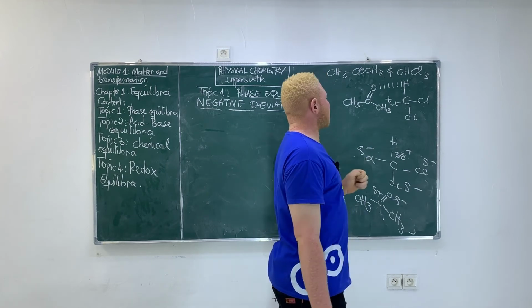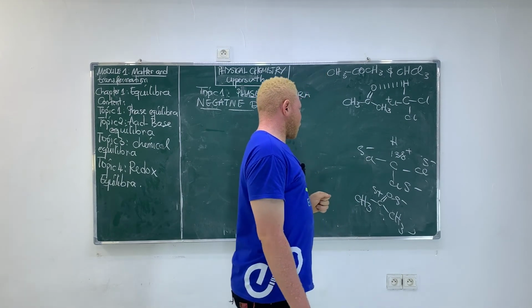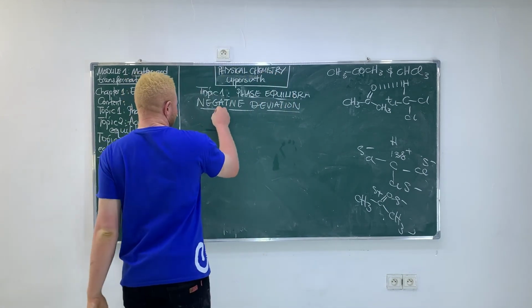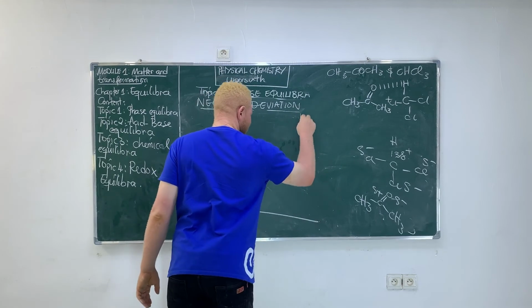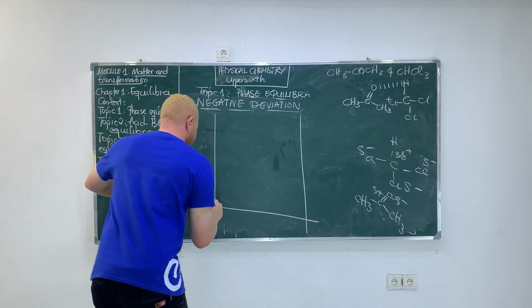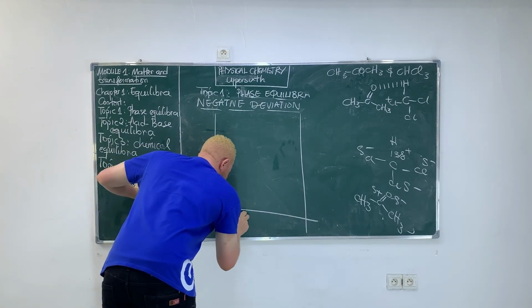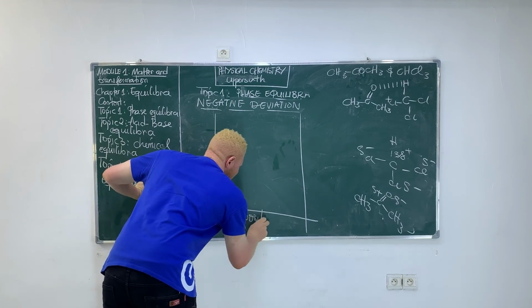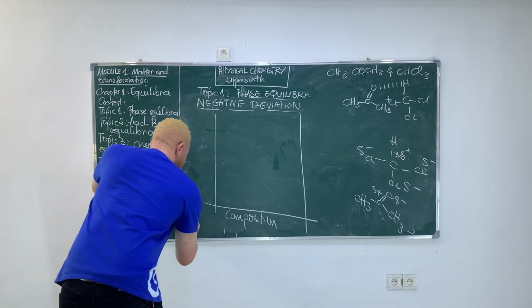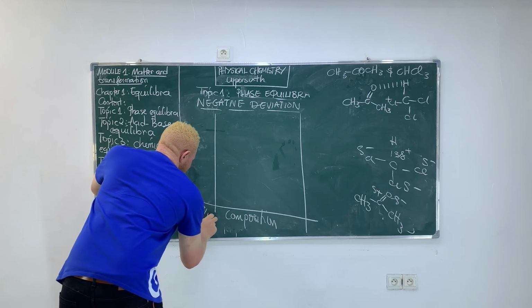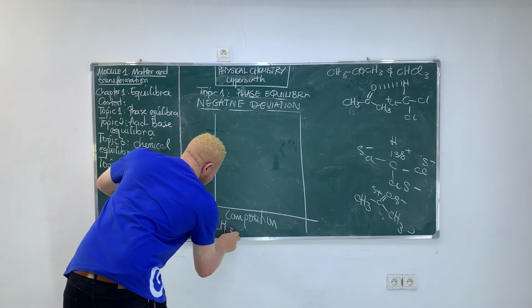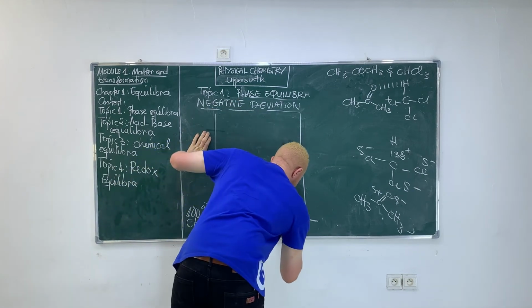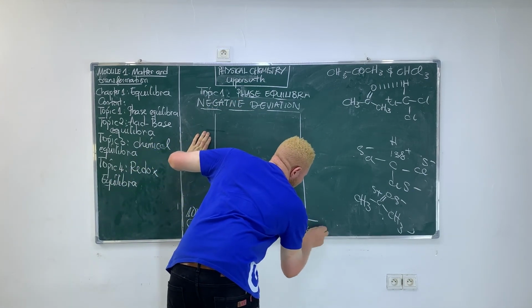So we can draw the vapor pressure composition diagram. Composition. So 100% acetone. So yeah, 100% trichloromethane.